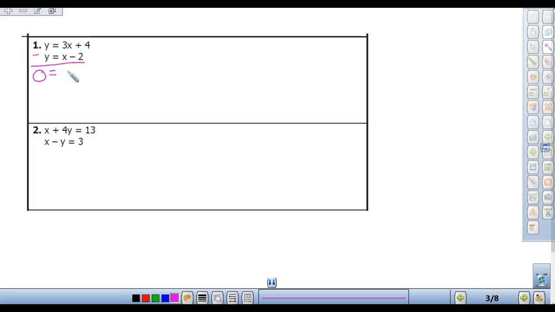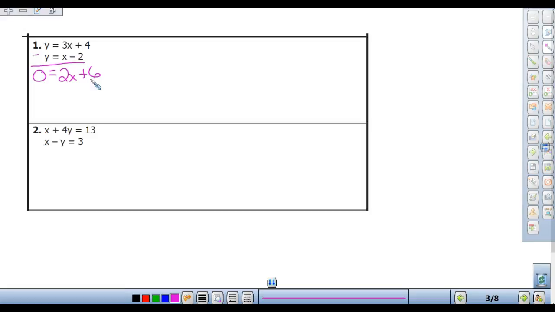So we get 0 equals, now careful because we're subtracting 3x minus x, 2x. And then be really careful because now I have 4 minus negative 2 plus 6. Good. Okay, because that turns into a 4 plus 2. So be careful that you're watching that.